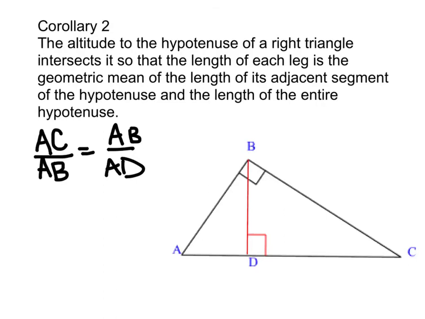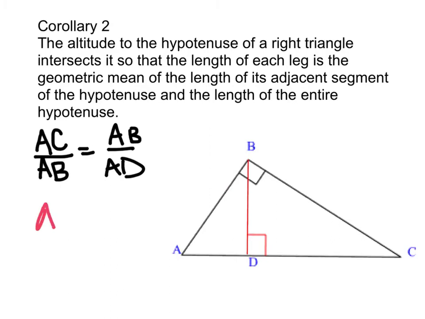So taking a look at what this means, AC is the hypotenuse of the big triangle, AB is the shortest leg of the big triangle. That's going to be equal to the hypotenuse of the little triangle over the short leg of the little triangle. We have another relationship if we want to compare the big triangle to the triangle on the right.